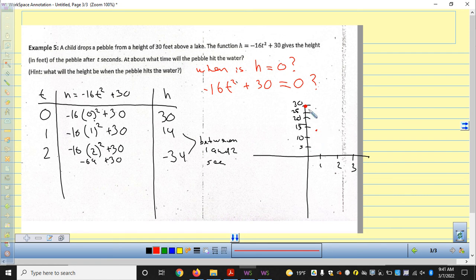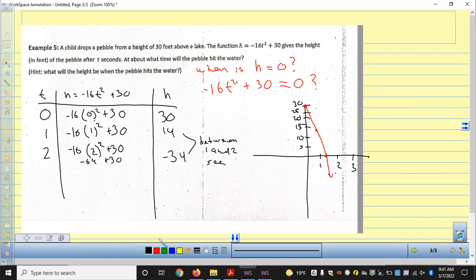And if I connect those with a nice smooth curve, I get something like that. And I would guess here maybe a little less than 1.5 seconds. It's not quite halfway in between those.